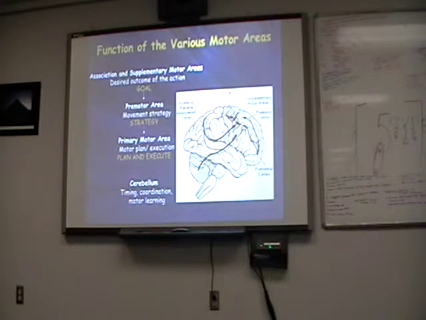Then it sends its message to the premotor cortex, which is the strategy. Which upper motor neurons am I going to need to activate to do that? And then we've obviously got the workers, which is the precentral gyrus, the upper motor neurons. So with mental rehearsal, we see the supplementary motor area and the premotor area being very, very active. Why don't we see the primary motor during mental rehearsal? Because you're not moving.